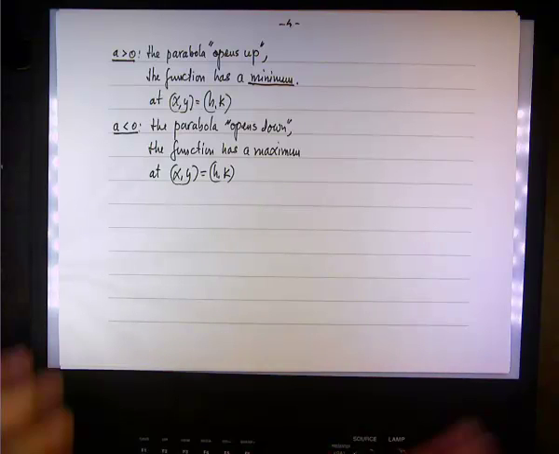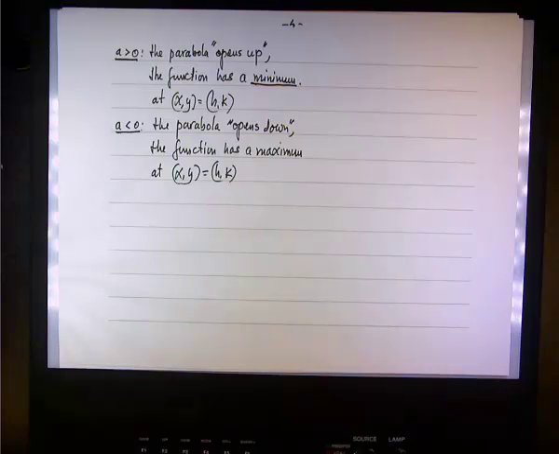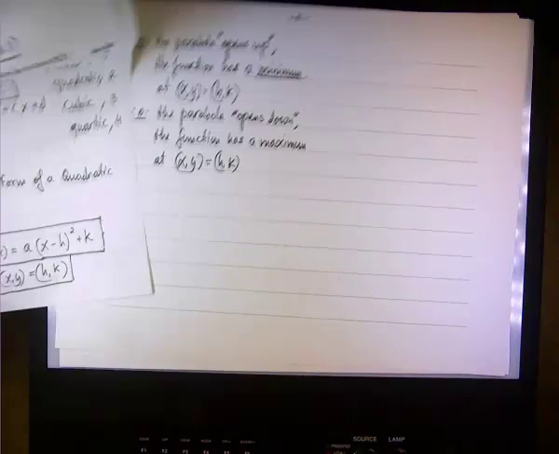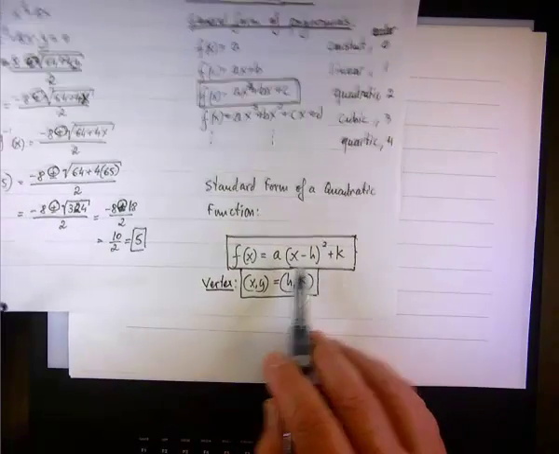The next thing to look at is what happens if we go back and look at the vertex form right here, a times x minus h squared plus k.